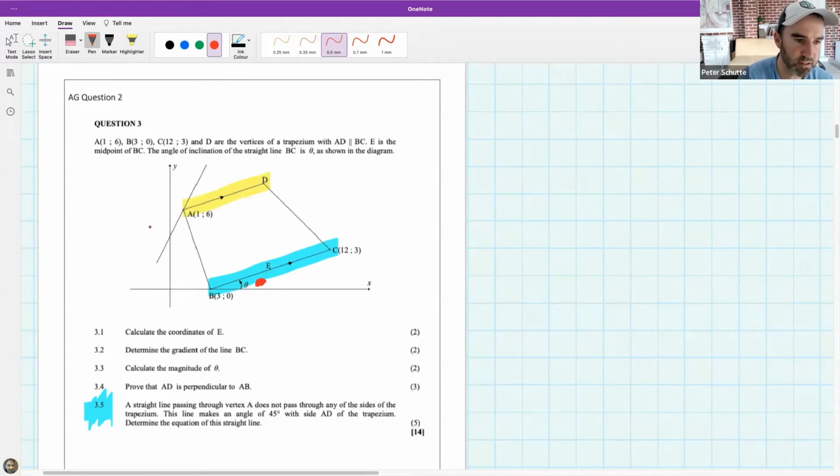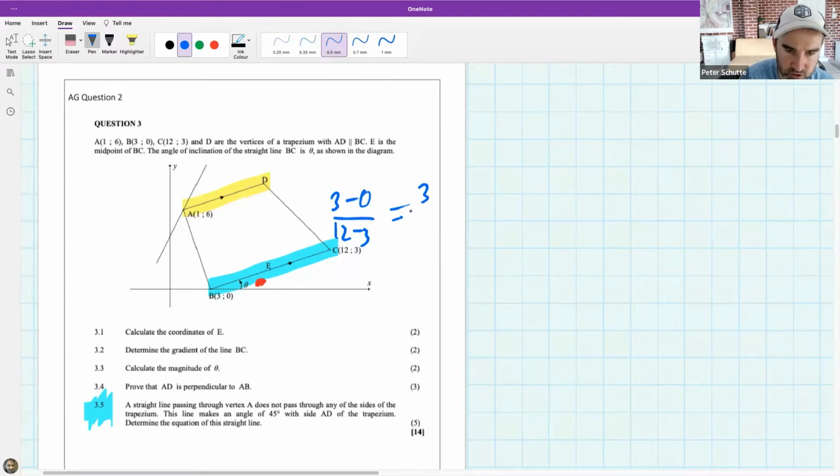Okay, so even though you can't see it, because these are parallel, they must have the same gradients. So for example, I can work it out. So let's go 3 minus 0 over 12 minus 3.